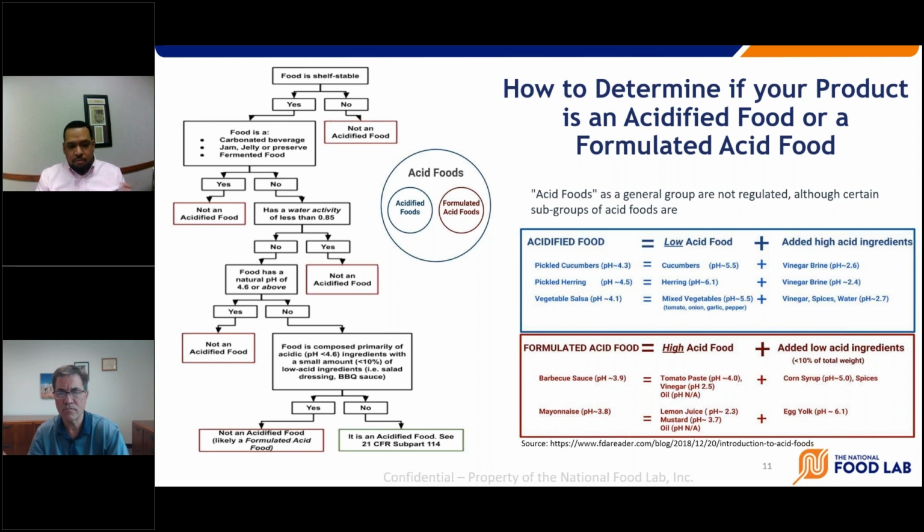Both are acidic foods, but one is just naturally acidic and the other one is an acidified food. So the important thing to remember here is that for formulated acid food, less than 10% by weight of ingredients should be non-acidified, meaning that the addition of that proportion of ingredients will not drive the pH drastically.